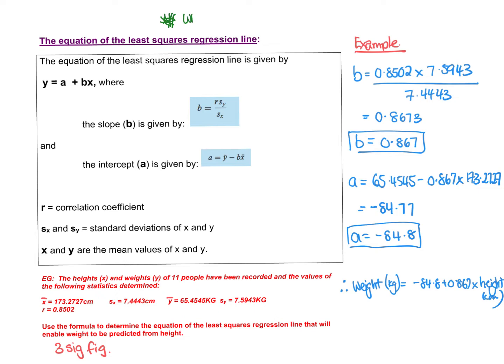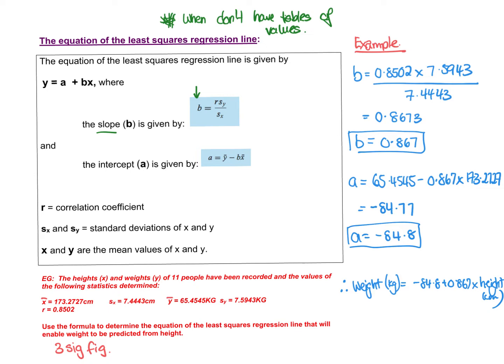When you don't have tables of values, they're going to give you this data. So you can see we've got a formula here for B, a formula for the slope, and we're using the R value.